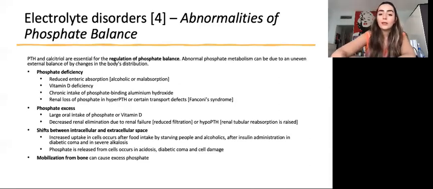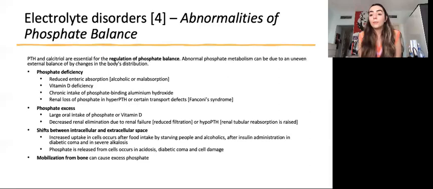Now, the clinical effects of both hypo and hyperphosphatemia differ, obviously, because there are different levels of the same hormone. For hypophosphatemia, it depends on the duration and the extent of how long it's been low. But some symptoms include myopathy, such as muscular weakness, heart failure, hemolysis, nervous system dysfunction, such as convulsions or coma.